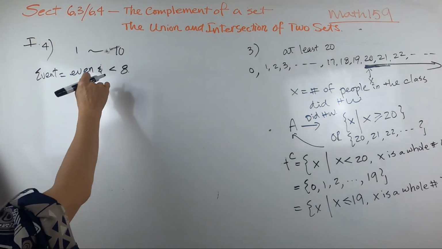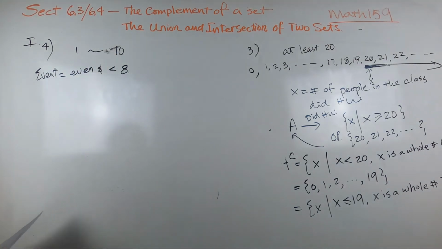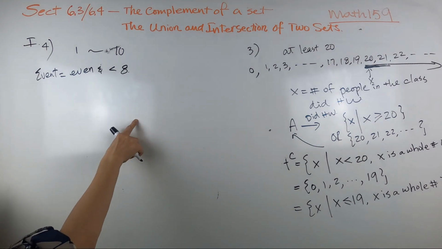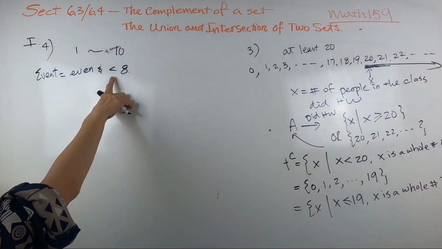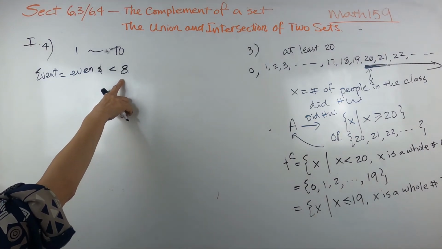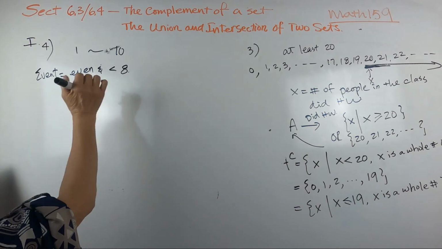From 1 to 10, you just pick a number. It can be even, can be odd, but you want it to be less than 8.